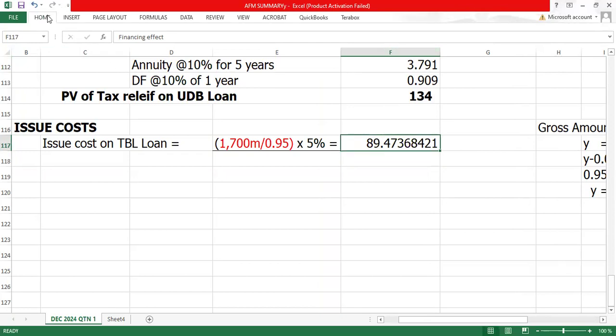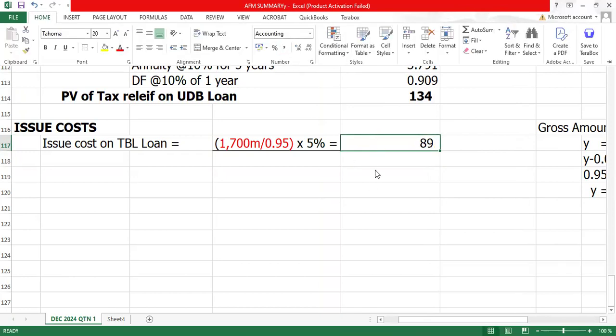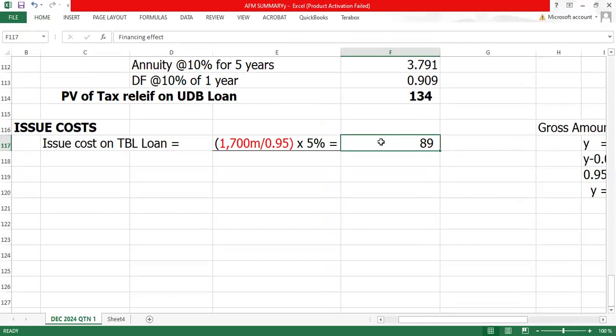That's what you have on your calculator? I want to be sure that's what you have. That's what I have.